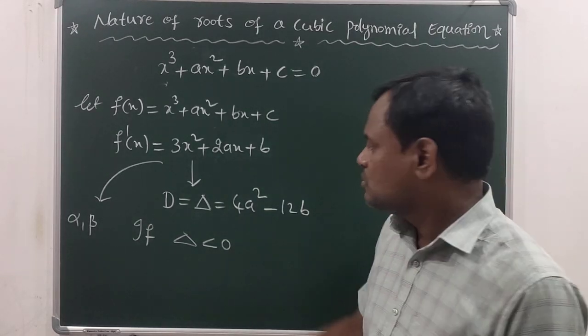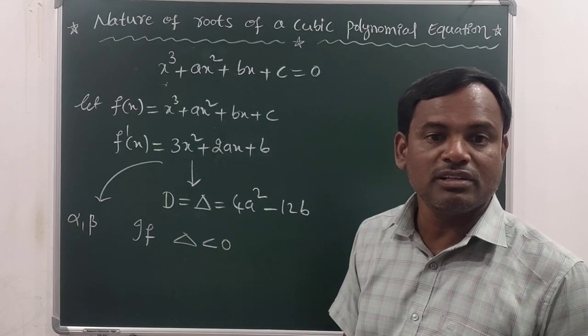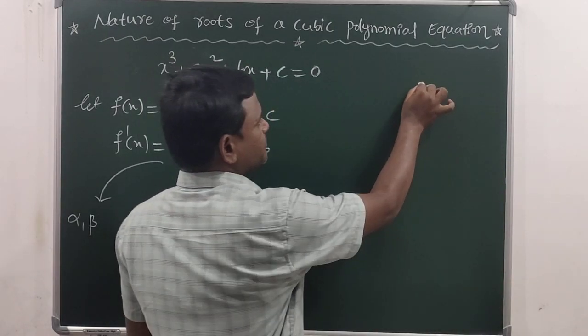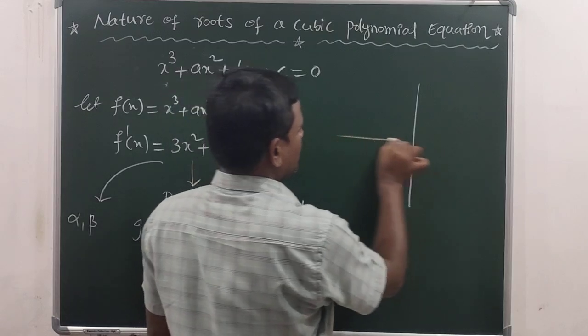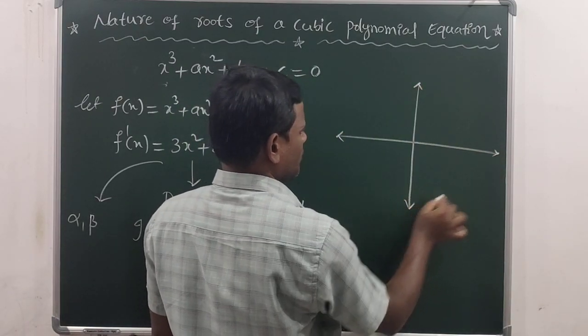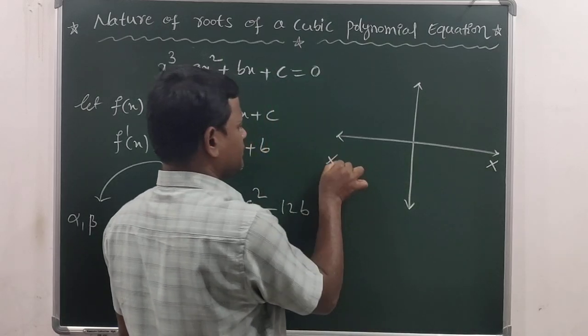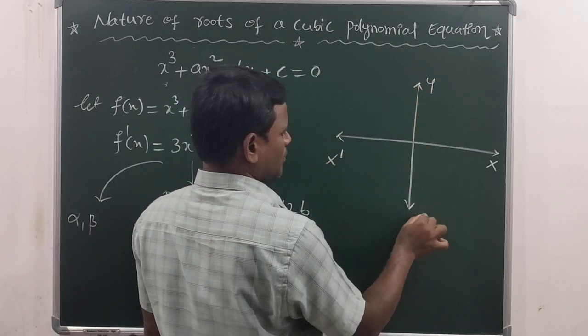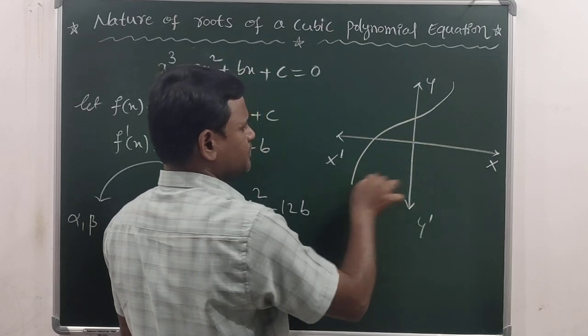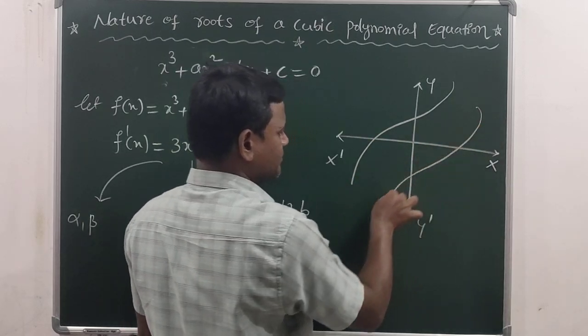Okay, students. So in this case, if you would like to draw the graph of this cubic polynomial, you get like this. See, your graph will be like this, strictly increasing.